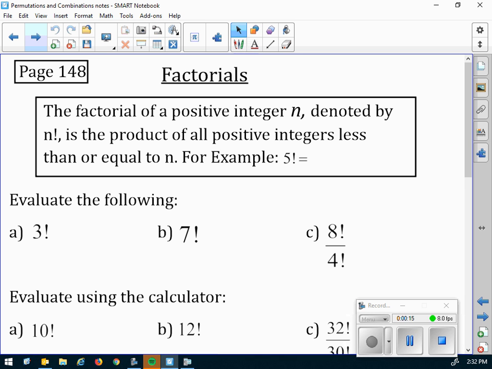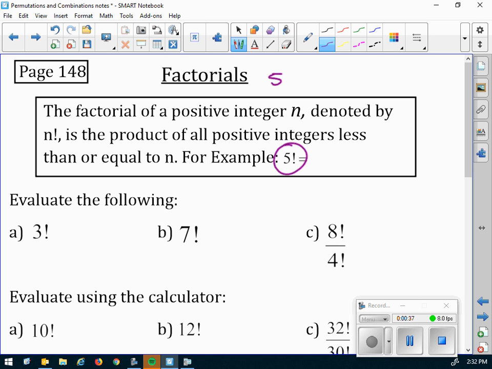Okay, the first thing we're going to start out with is something called a factorial. And I gave you a little teaser about this the other day. When you see something like this, 5 with an exclamation mark behind it does not mean 5. It means 5 times 4 times 3 times 2 times 1.